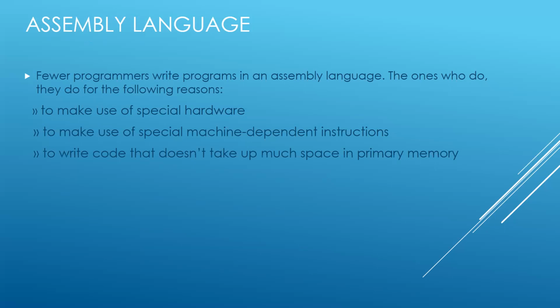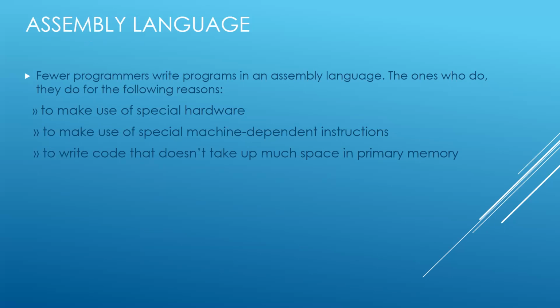Most important, writing a program in assembly language means it does not take up much space in the primary memory. By the way, can we recall the term primary memory? You've studied it. Which words strike your mind when you hear the term primary memory? That's great, ROM and RAM.